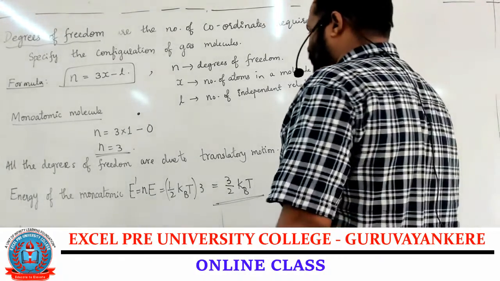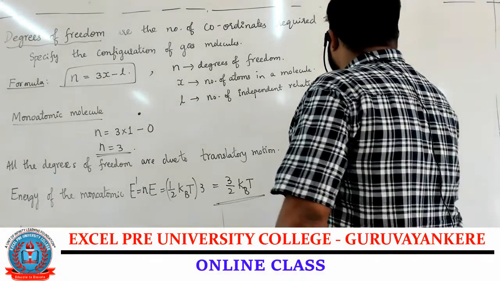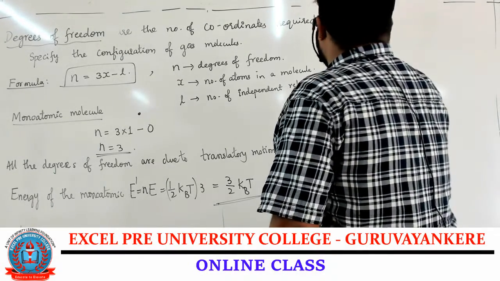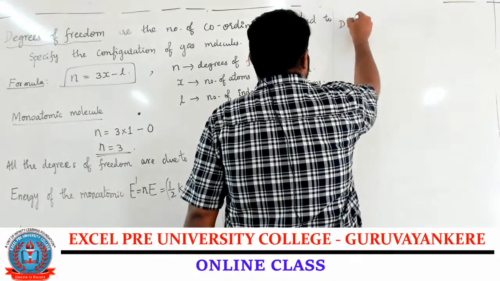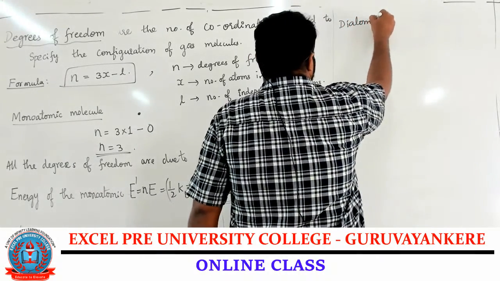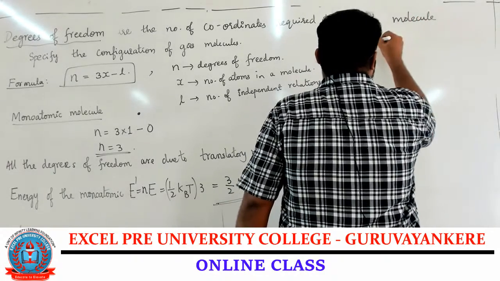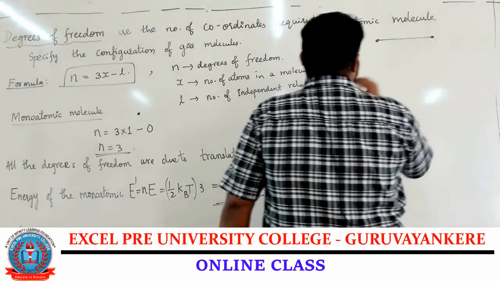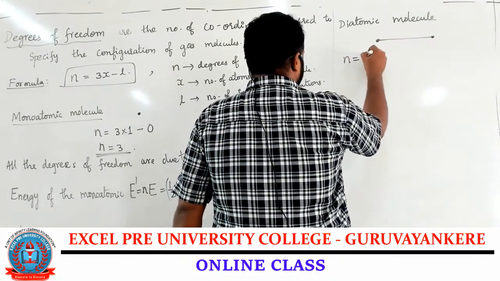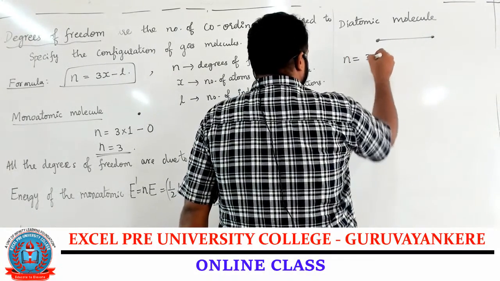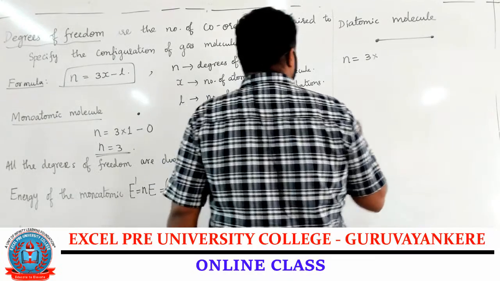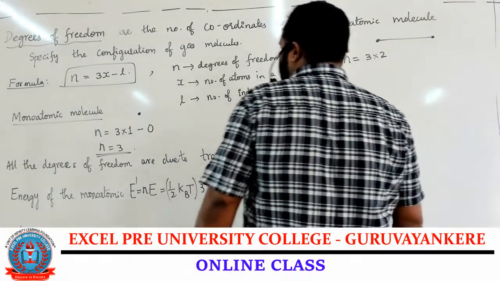Okay, clear? Next, for a diatomic molecule, the two atoms are obviously connected. So the 3 in the formula is multiplied by the number of atoms. How many atoms are there? 2.